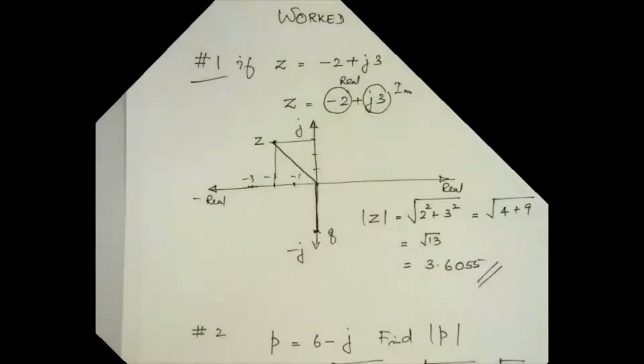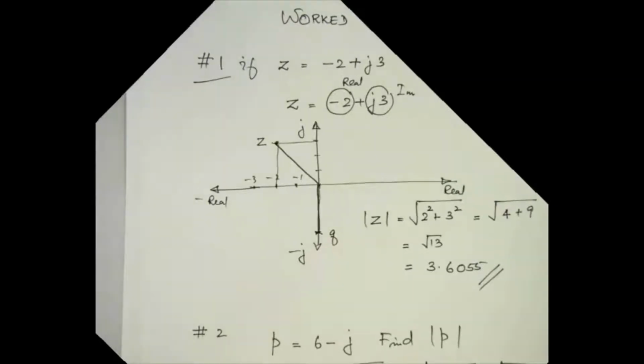We can see the modulus is simply 5, right, because there's no real part there. If you want, you can show it this way: the square root of 5 squared plus 0 squared, which is again 5. So this modulus is easy to find.